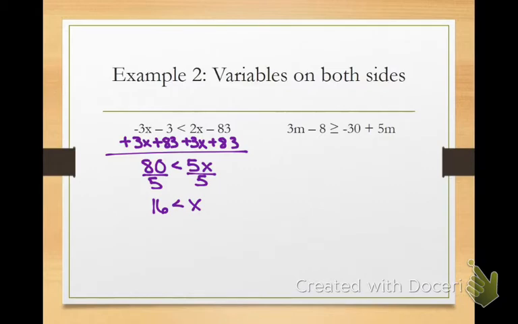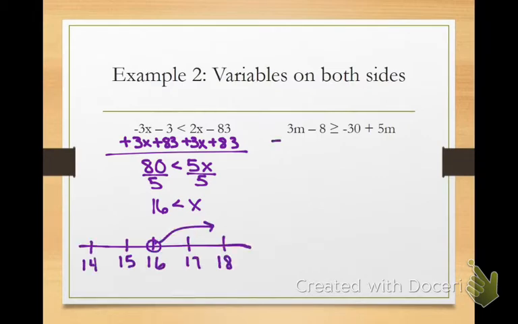No. X is greater than 16. We have to read it that all numbers must be greater than 16 in order to be a solution. When we read it that way, we're going to get the arrow right. It's got to be greater than 16 to make that inequality true.